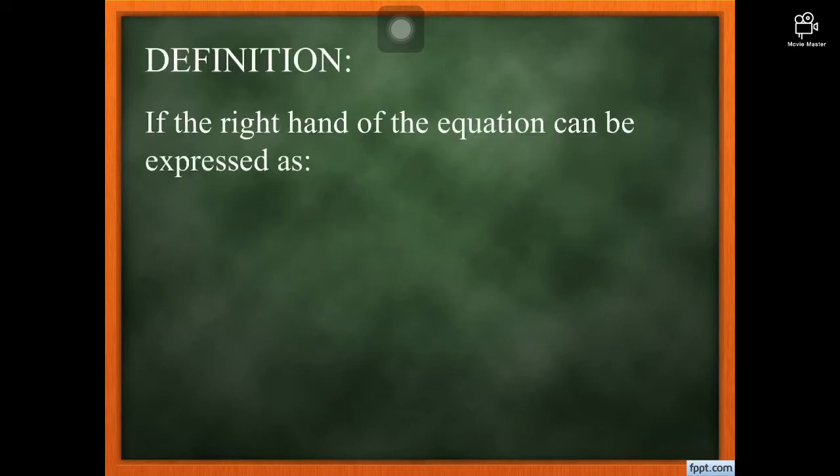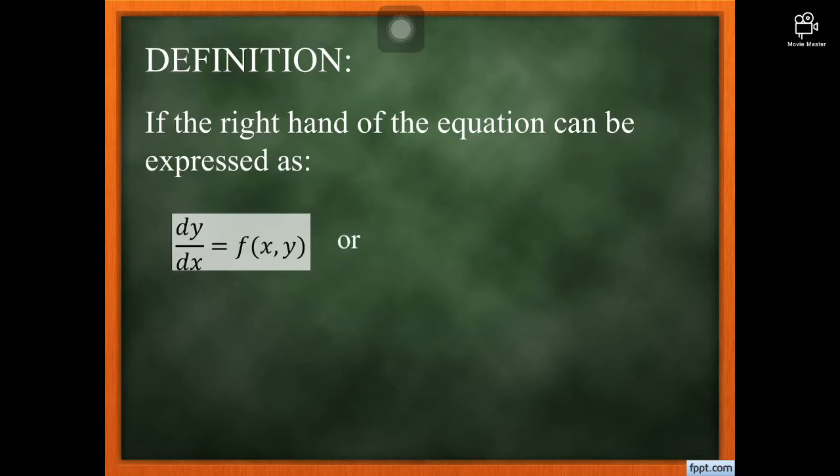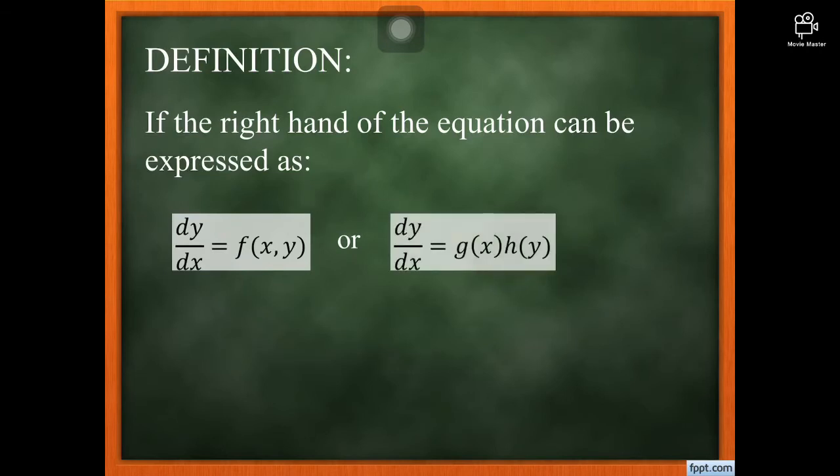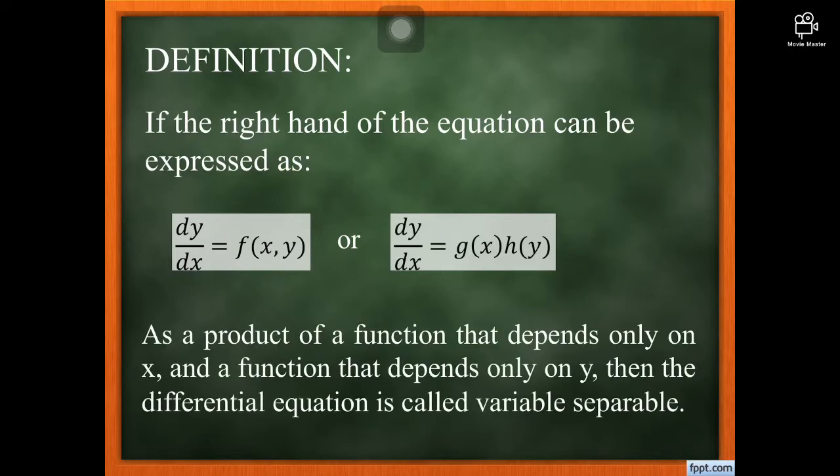So the definition for variable separable is: if the right hand side of the equation can be expressed as dy over dx equal to a function of x and y, or if it could be expressed as dy over dx equal to a function g(x) times a function h(y), we can say that it is a differential equation which can be solved by variable separable.